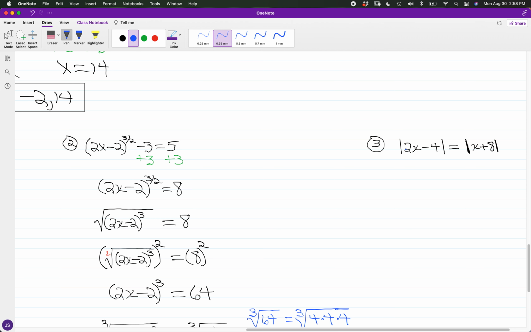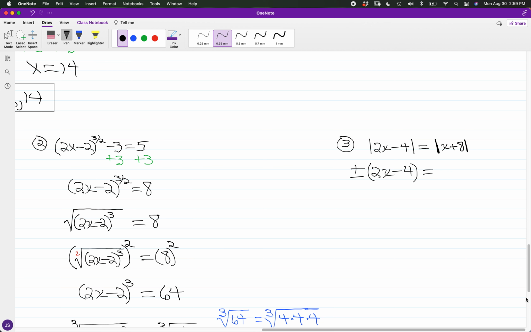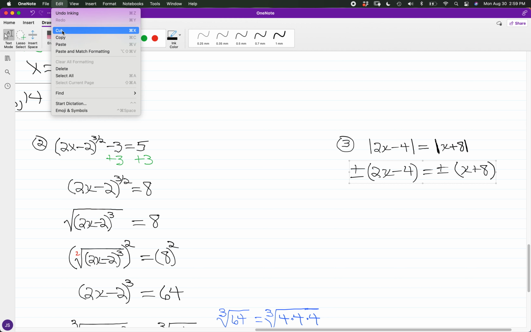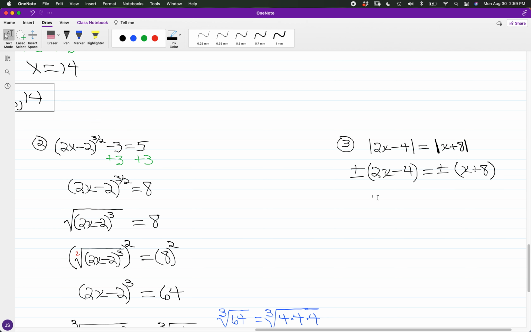which can be done. So for 2x minus 4, again, your possible combinations: plus or minus the quantity of 2x minus 4, and for x plus 8, plus or minus of x plus 8. So I took out the absolute value bars.